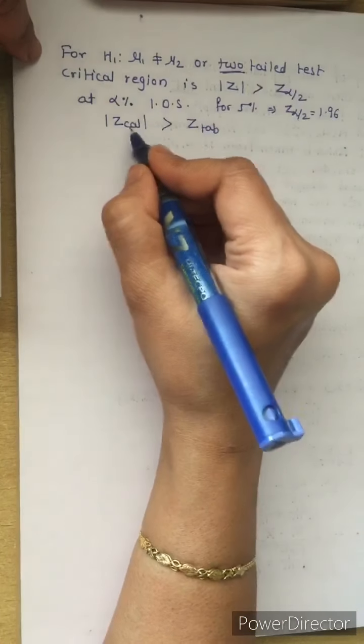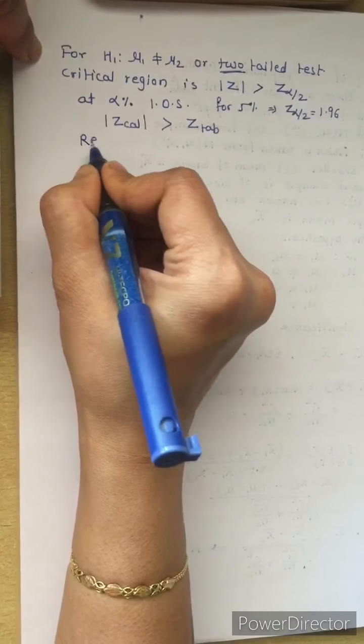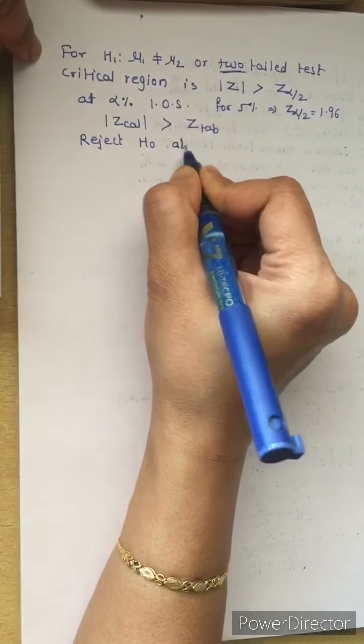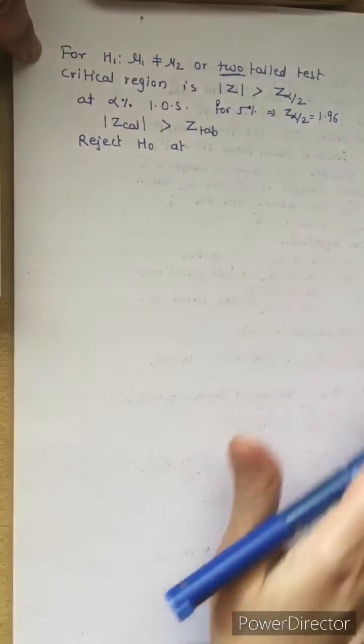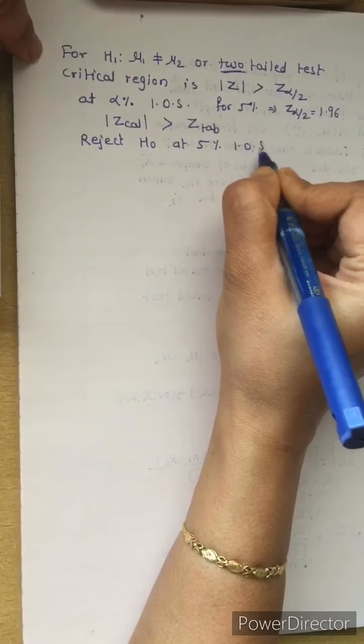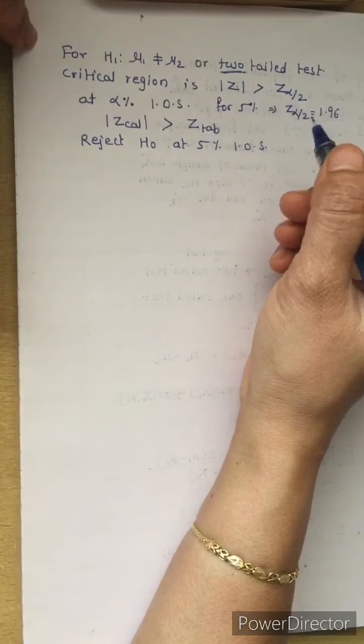If the calculated value is greater than 1.96, then you reject your H0 at the given level of significance. Here at 5% level of significance. It may be accepted at 1% or 10% likewise.